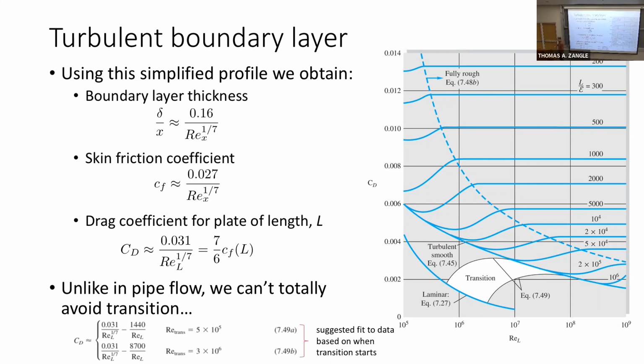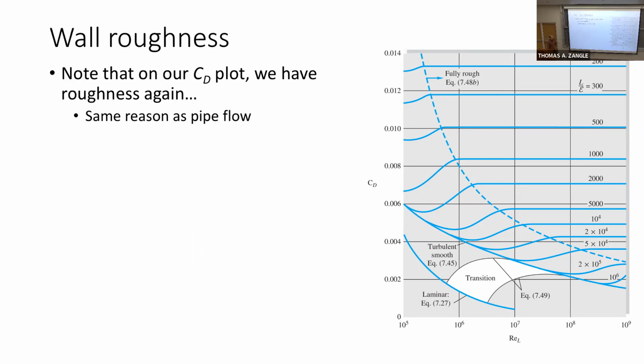The other thing that you might notice is that on this C_D plot, we have roughness again. These different curves in the turbulent regime are for different values of L over epsilon, the length over the roughness, the inverse of what we showed for internal flow.